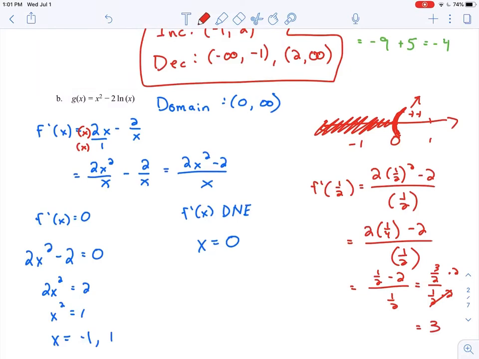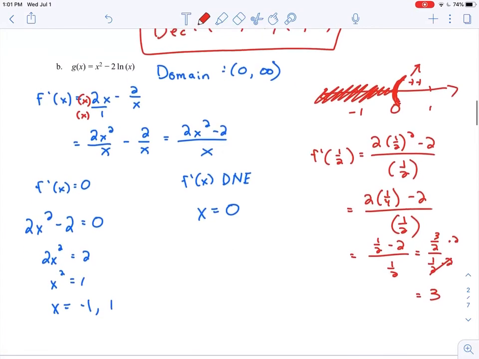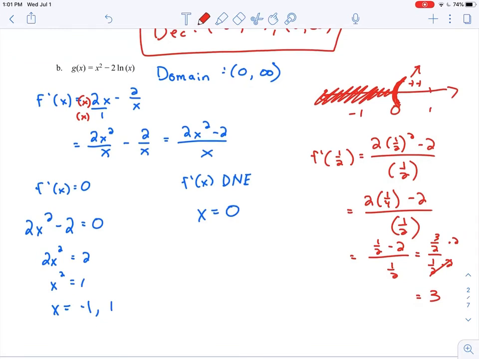So okay, I've got that. Next I need to look at what's the behavior over here to the right of positive 1. So I'm going to pick any number that's bigger than 1. How about 2? I'm running out of room here, so we'll say f prime of 2.